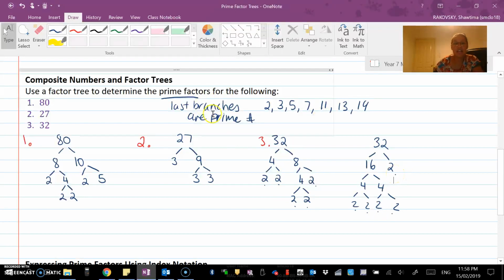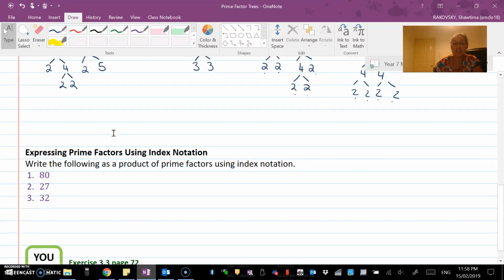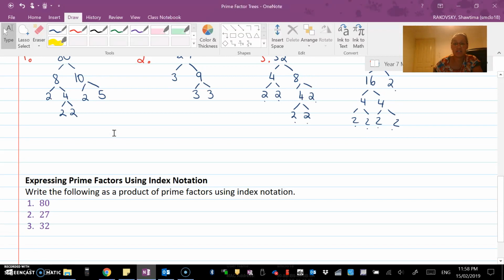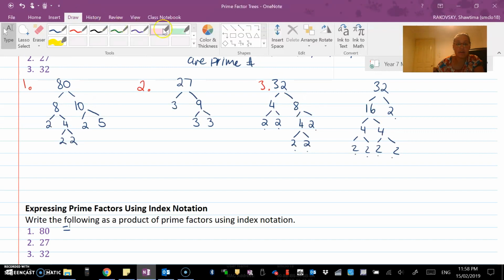So what we can do is take this information in the factor trees and use that to create our index notation. So I'm just going to leave that there for a moment. So with 80 here, it's going to equal. Now what I do is I count up my prime factors. So I'm just going to highlight my prime factors at the bottom of this one so I can see them.